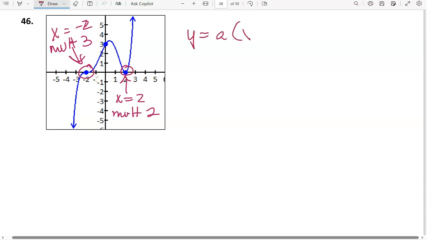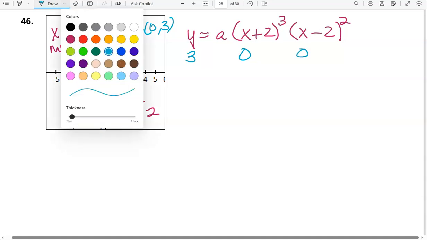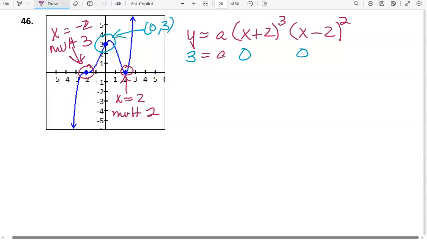y is equal to a times (x plus 2), that's for our negative 2, 0, which is raised to the third power, times (x minus 2), which is for our x equals positive 2, and that one's raised to the second power. Let's use our extra point here to find the value of a. Our extra point has coordinates of (0, 3), which means that y is equal to 3 whenever x is equal to 0, giving us an equation: 3 is equal to a times (0 plus 2) cubed times (0 minus 2) squared.